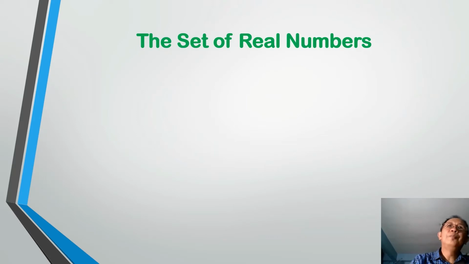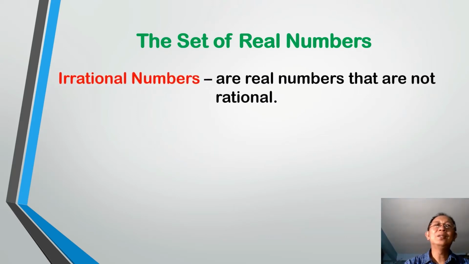The set of real numbers, same as our topic, is divided into two groups or subsets. First is the set of rational numbers. The second one is the set of irrational numbers.